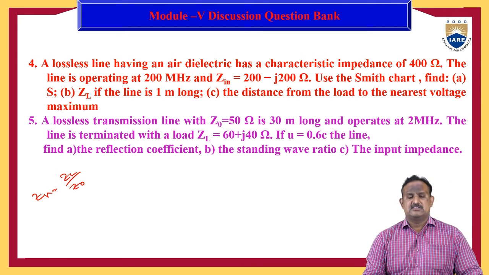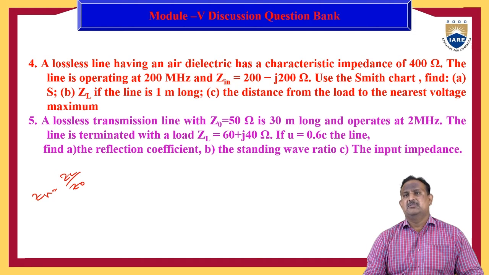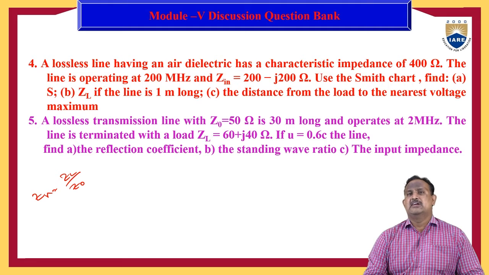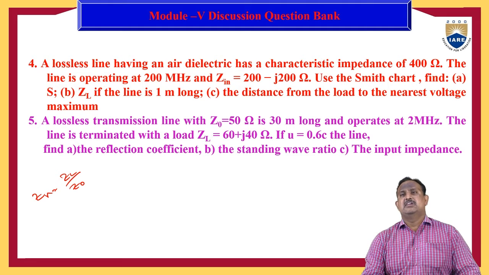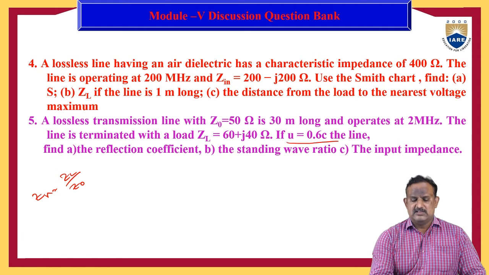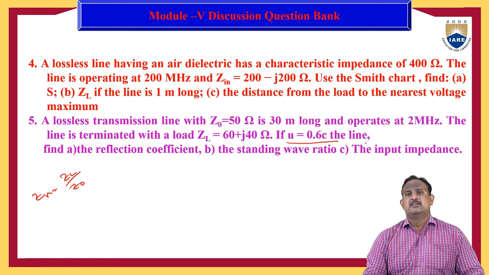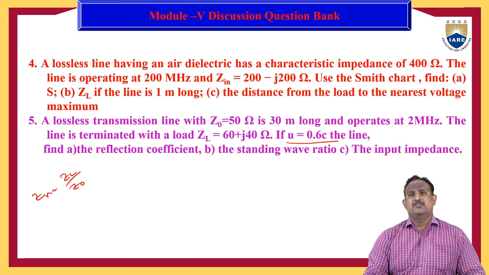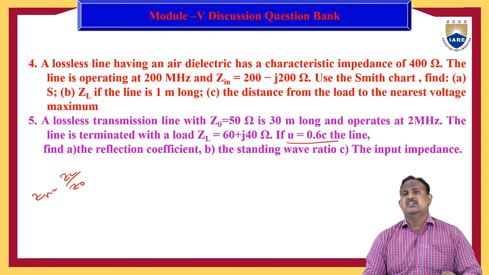A lossless transmission line with Z0 equal to 50 ohms is 30 meters long and operates at 2 megahertz. The line is terminated with a load ZL equal to 60 plus j40 ohms. If the velocity is 0.6 C, find the reflection coefficient, standing wave ratio, and input impedance.